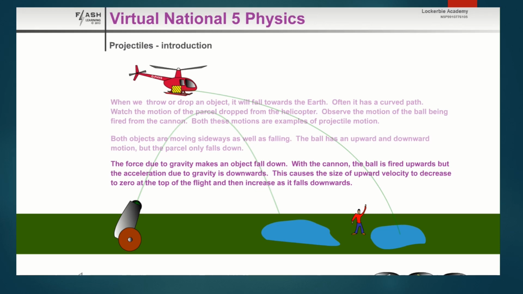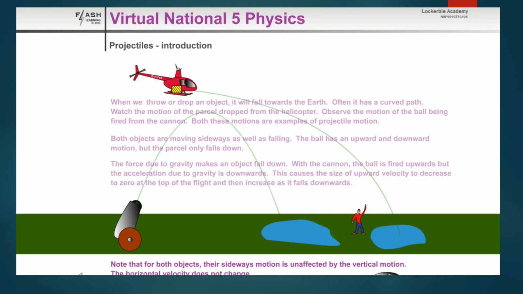This causes the size of the upward velocity to decrease to zero at the top of the flight and then increase as it falls downwards. Note that for both objects, their sideways motion is unaffected by the vertical motion. The horizontal velocity does not change.